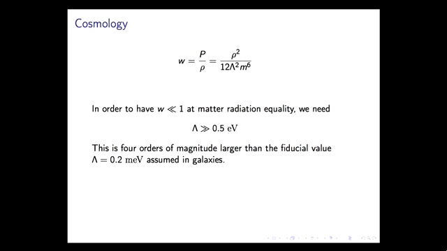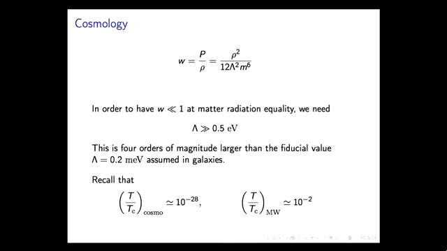That gives us a lower bound on lambda, which should be bigger than 0.5 electron volts. If you compare it to the lambda that we get at galactic scales, it's actually 4 orders of magnitude bigger. However, we can recall that the temperatures were dramatically different at galactic and cosmological scales, right? There's more than 20 orders of magnitude difference.